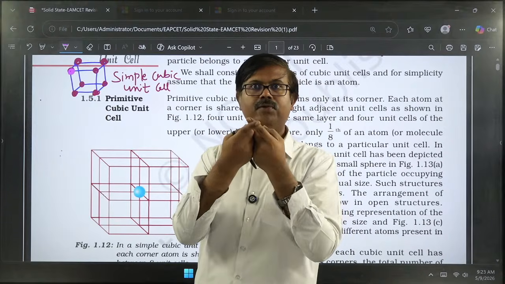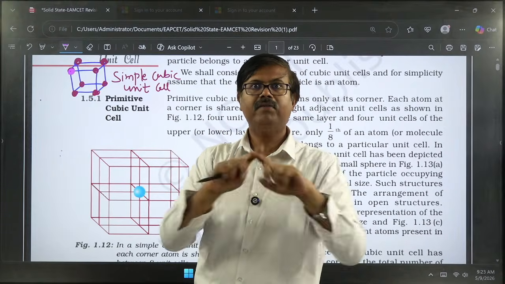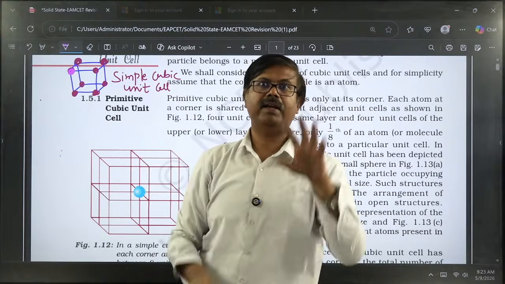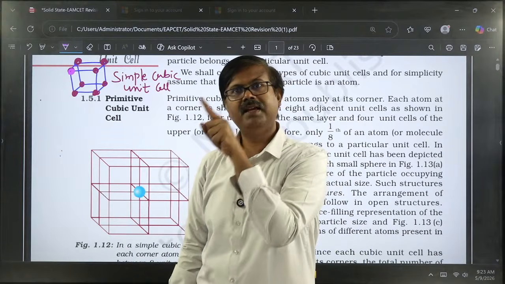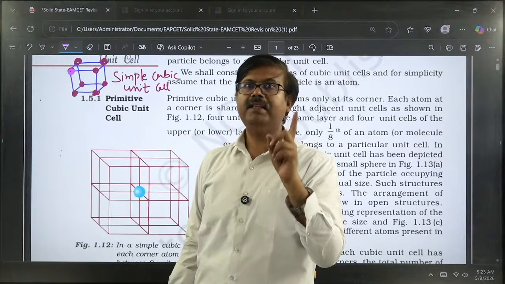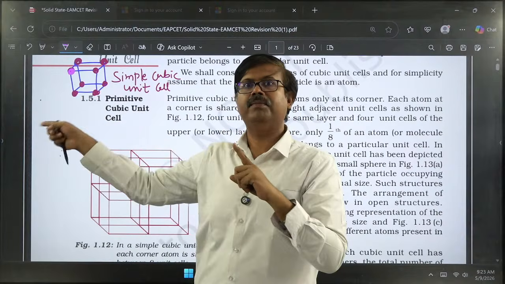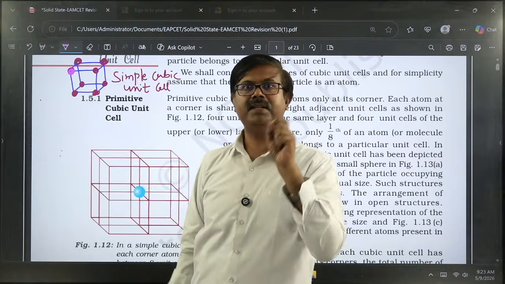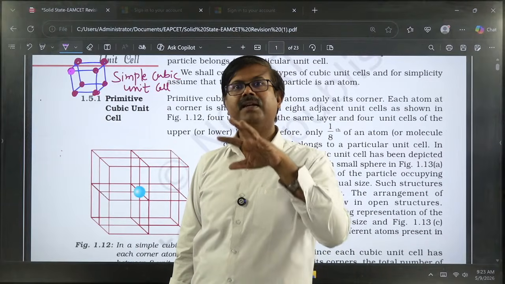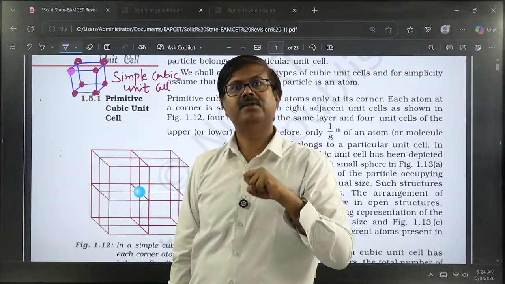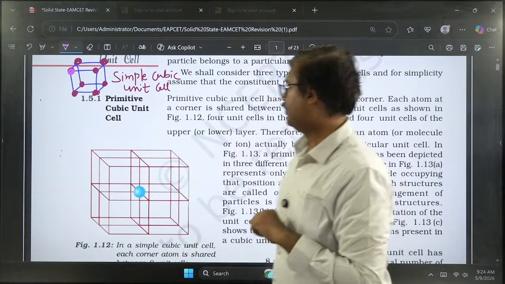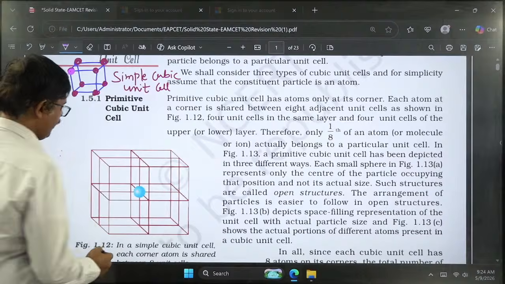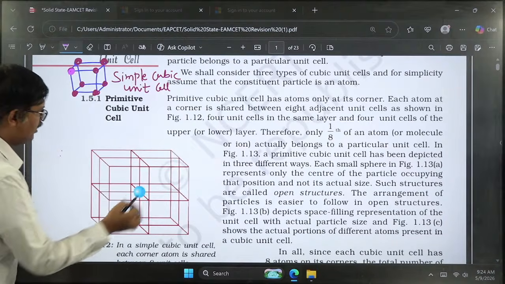For 4 cubes it is a bottom corner, for 4 cubes it is a top corner. 8 cubes share the same corner atom. Like that, every corner atom, here 8 corners are there. So these 8 atoms, each atom is shared between 8 unit cells. Keep that in mind. That is visible here. Suppose, as you see here, there are many cubes.